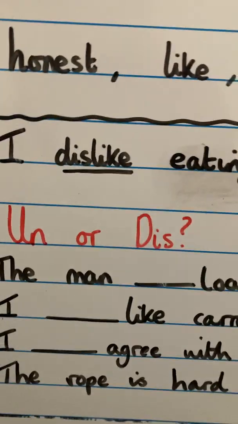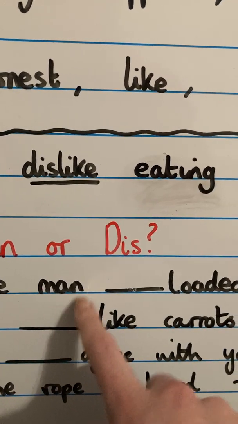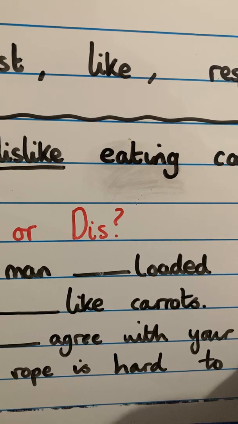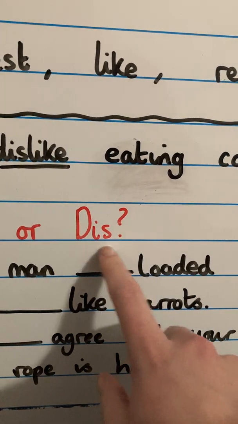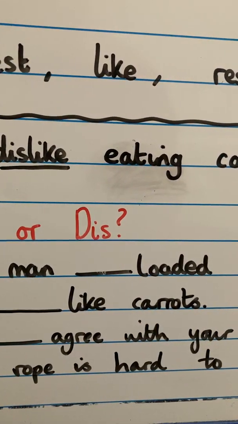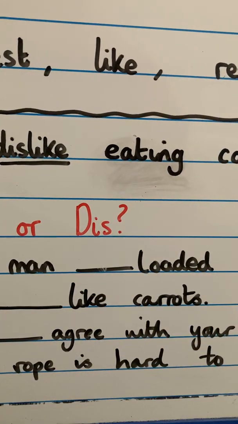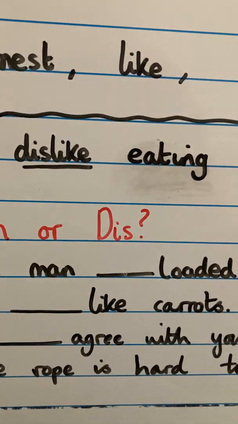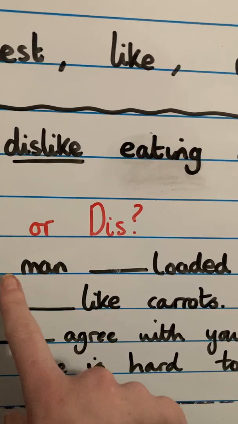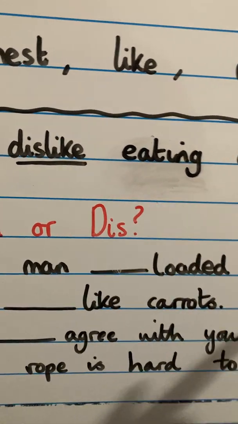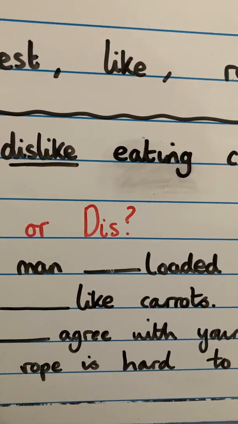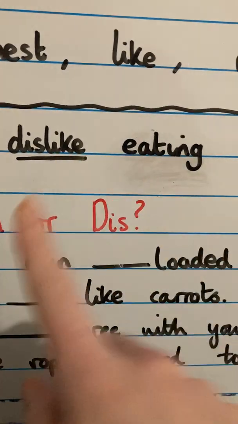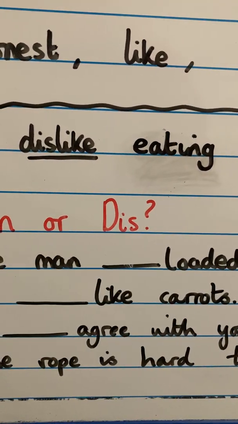Okay, so the first sentence says, the man, then it's blank, loaded his truck. Okay, so you need to decide if you're going to put the prefix un in here or dis. So is it going to be the man unloaded his truck, or is it going to be the man disloaded his truck? Have a think about that word and think about which one sounds right. Is it going to be un or dis?